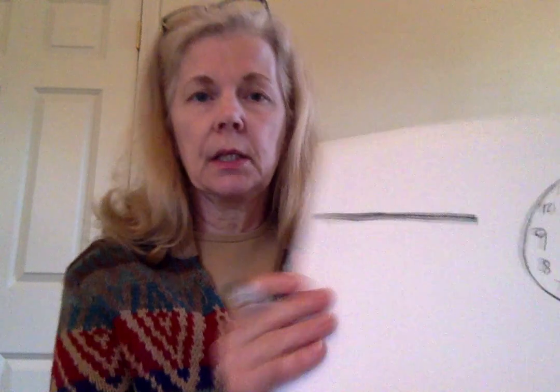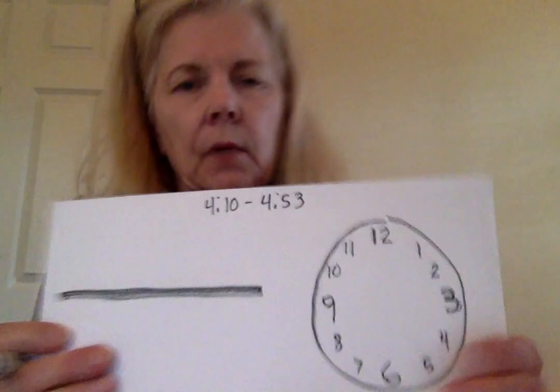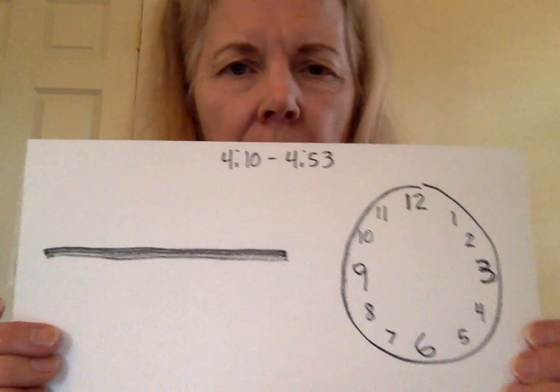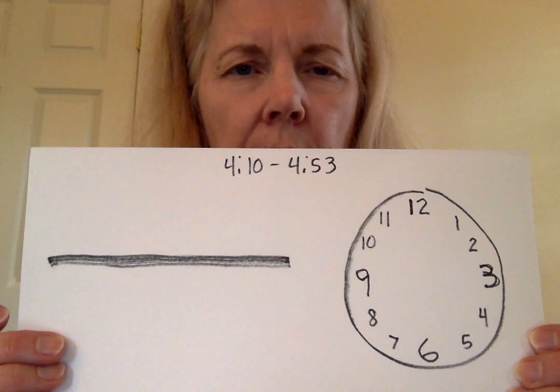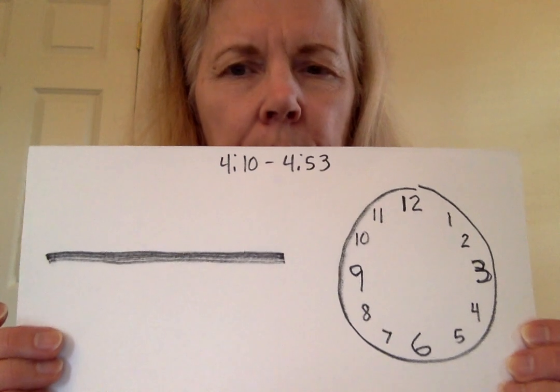Now, the first time that we solve this, we're going to use the number line. But I'm going to write those times on my paper so that I don't get mixed up. 4:10 to 4:53. Okay, that'll remind me that I'm trying to find the time between 4:10 and 4:53.